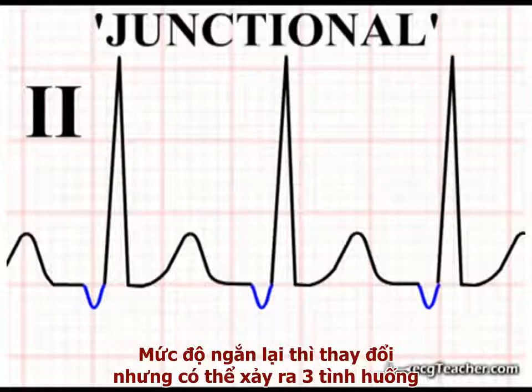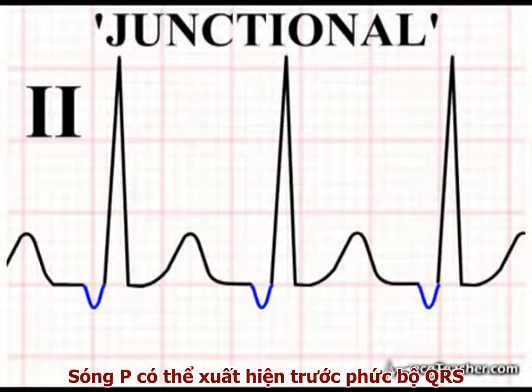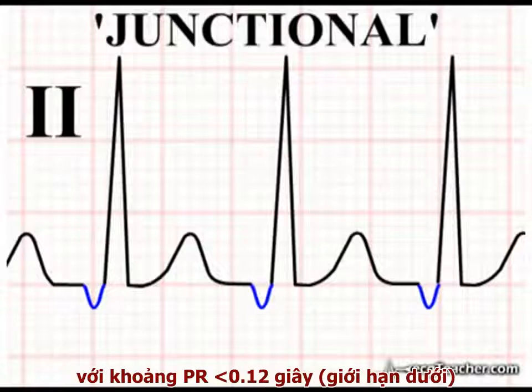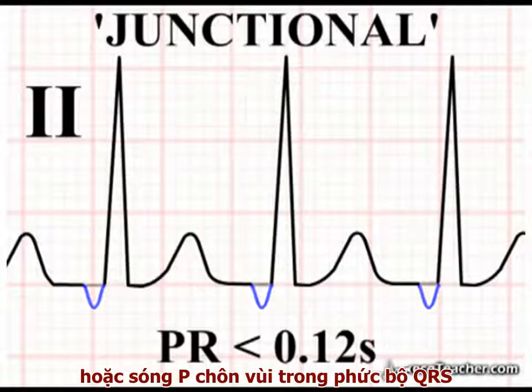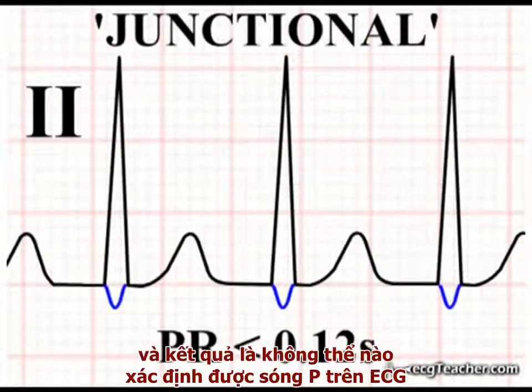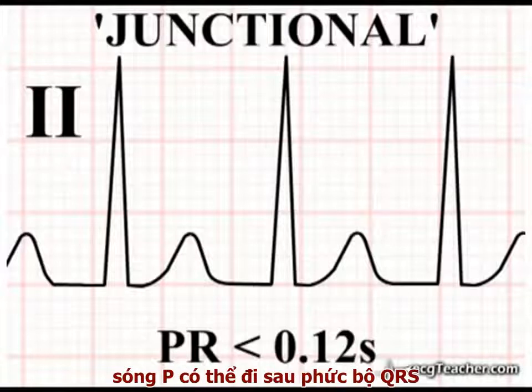The degree of shortening varies to the extent that the P wave may precede the QRS complex, but with a PR interval less than the lower limit of normal. Alternatively, the P waves may be coincident with the QRS complexes and consequently unidentifiable on the ECG readout. In some cases, the P wave may follow the QRS complexes.